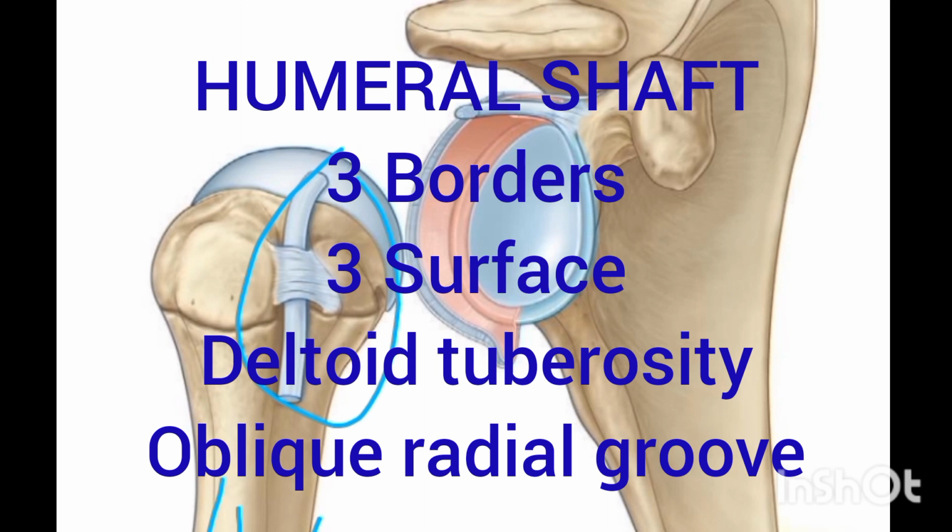Now this shaft has two prominent features: the deltoid tuberosity and your oblique radial groove. The deltoid tuberosity is located laterally and it provides an attachment site for the deltoid muscle. The oblique radial groove, that is the groove for the radial nerve, is found in the posterior aspect of the shaft of the humerus bone.